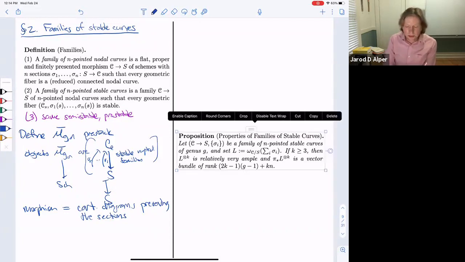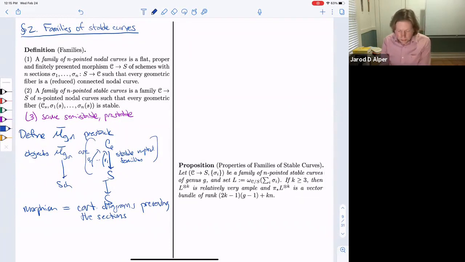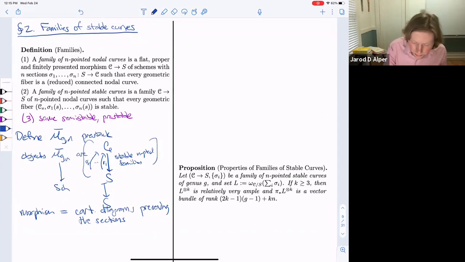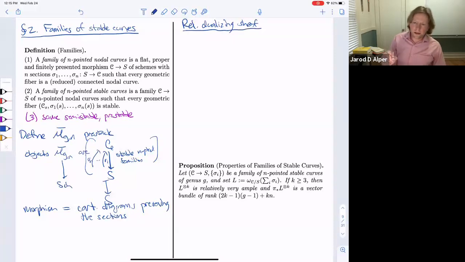And just like with families of smooth curves, on the right-hand side, I have this nice property, the analogous property for families of stable curves. But maybe to set this up, I need to talk first about the relative dualizing sheaf. Here we just use this fact.